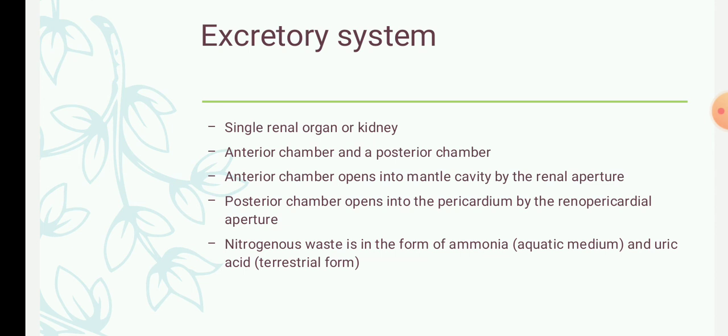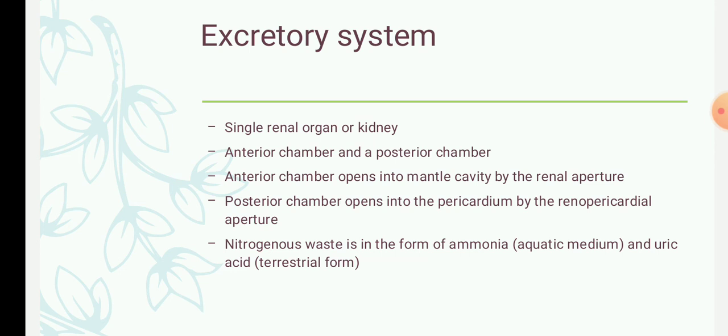The posterior chamber of the kidney is broad at one end, and it has a hooked shape at the other end. It opens into the pericardium by the renopericardial aperture. It also opens into the anterior renal chamber, and the afferent and efferent renal veins rapidly branch into the roof of this chamber.